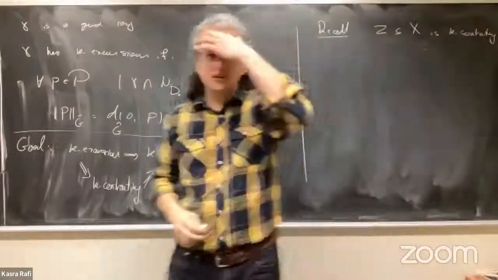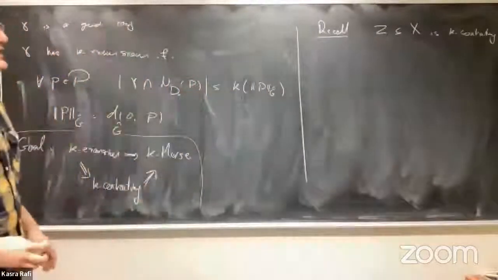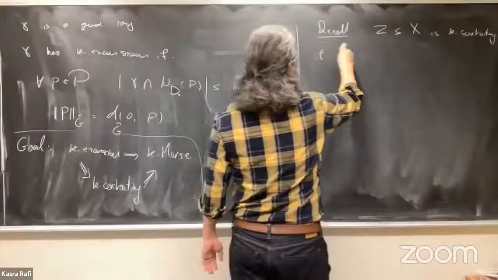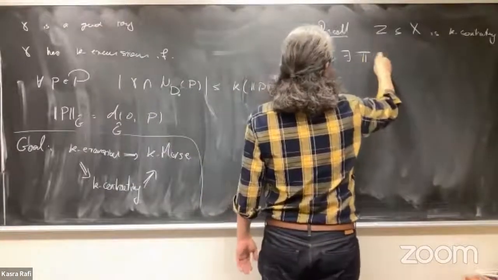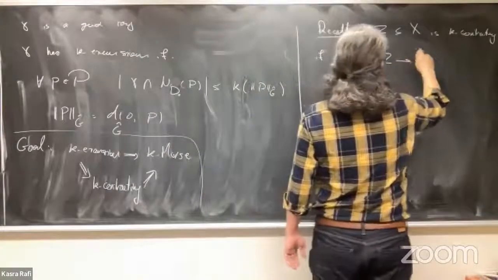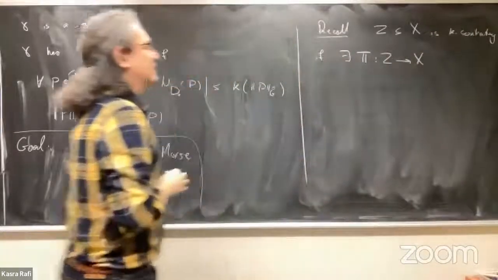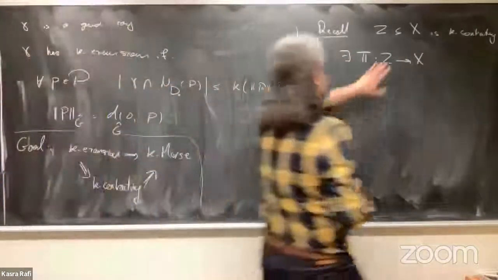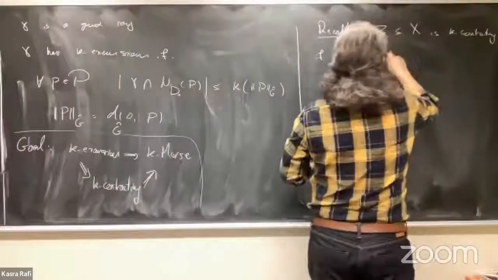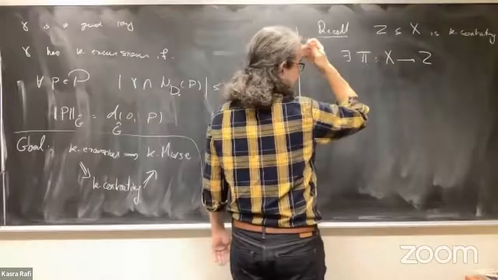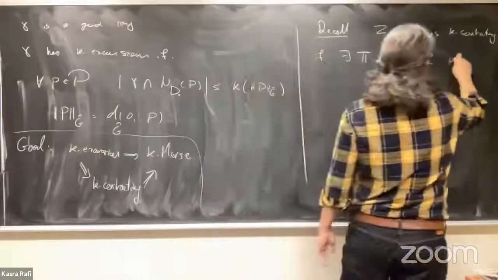That's readable, right? Okay, so if there exists a map pi from X to Z, I want pi to be a kappa projection.